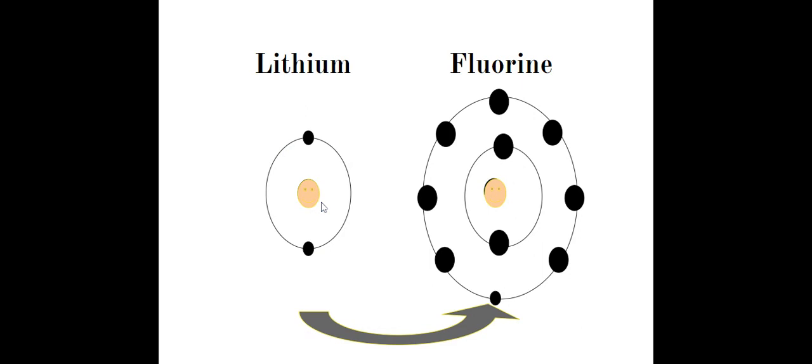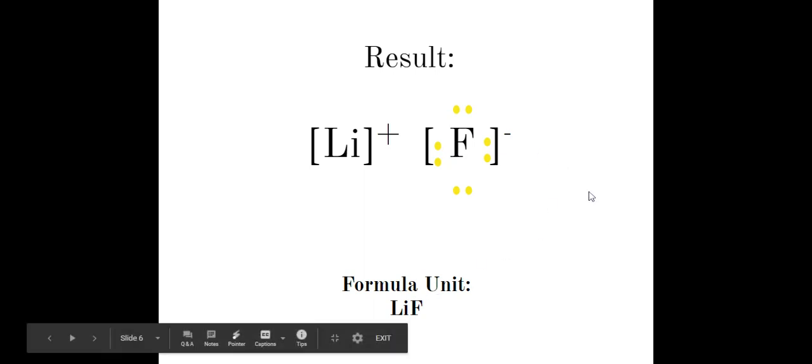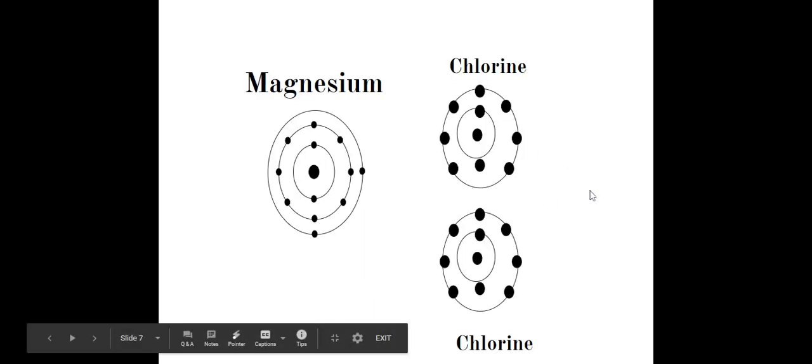And this is the goal of ionic bonding, to make sure that each atom in the bond has the appropriately balanced amount of valence electrons. So the result would be lithium and fluorine, and the formula would be LiF.